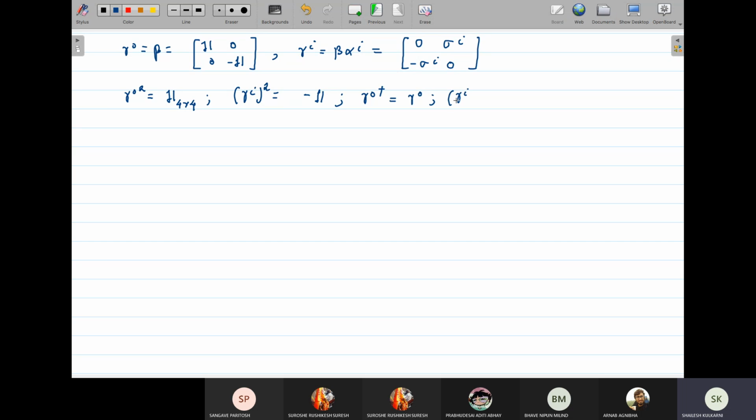And gamma I dagger is beta alpha I dagger, so this will be alpha I dagger beta dagger, which is minus beta alpha I, and that is equal to minus gamma I. Therefore gamma I dagger is minus gamma I. In other words, these gamma I's are anti-Hermitian.